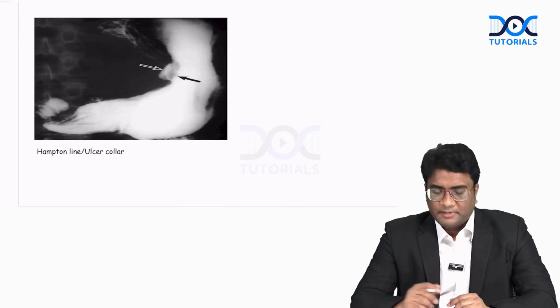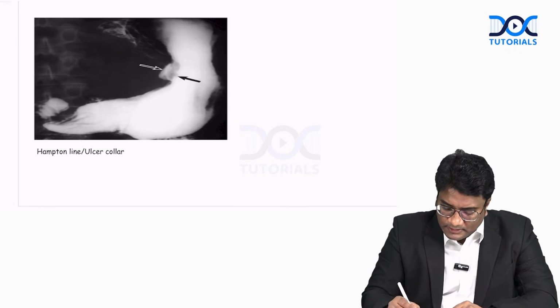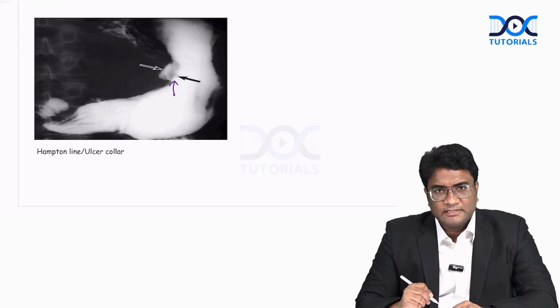Now, please look at this image. This image is showing a gastric ulcer, showing a Hampton's line or ulcer collar.